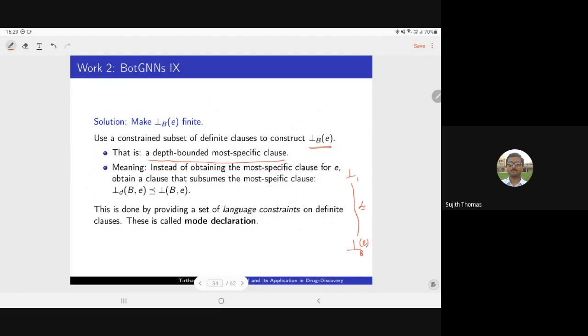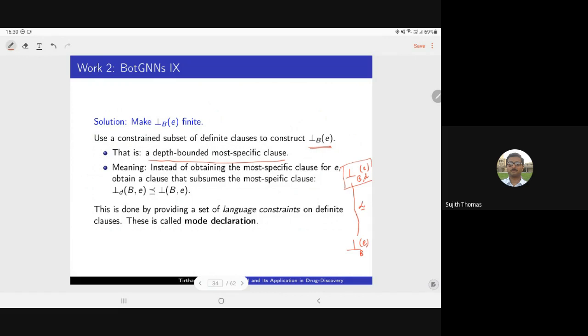So something like some guy over here. So that also means you put a depth bound on the bottom clause. So that means possibly a subset of this bottom clause.